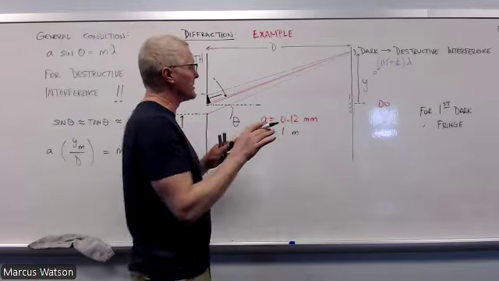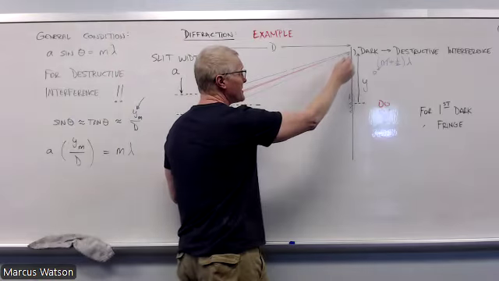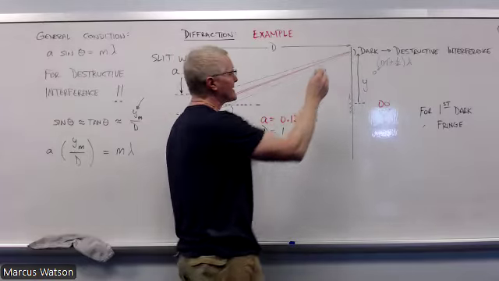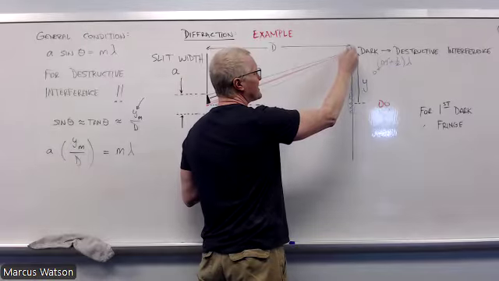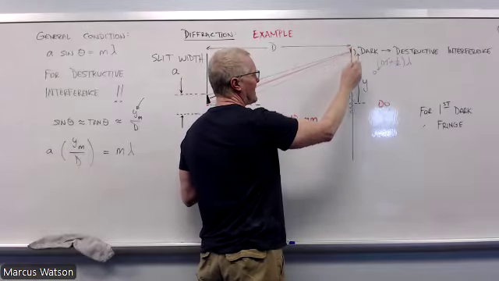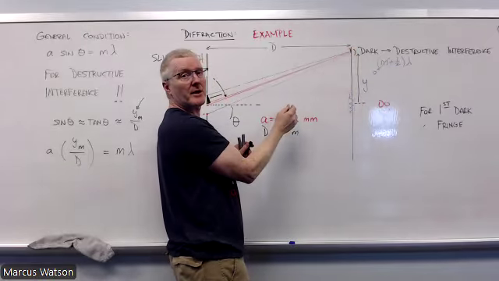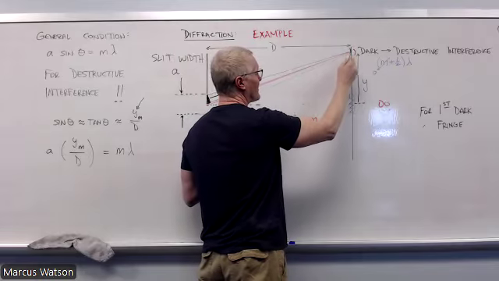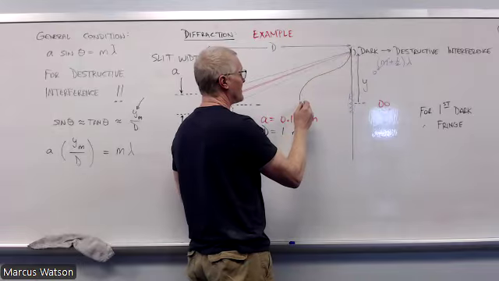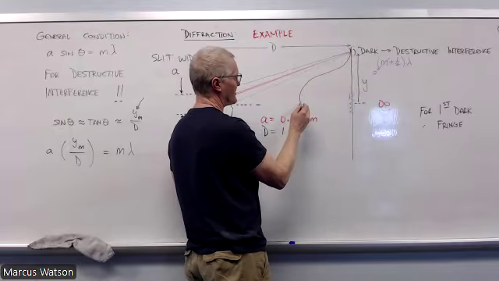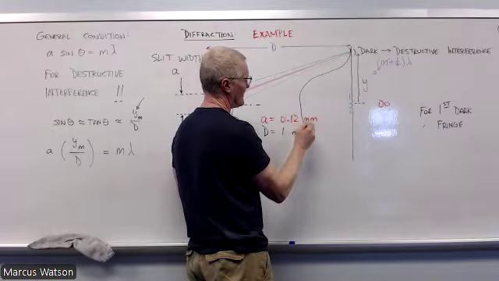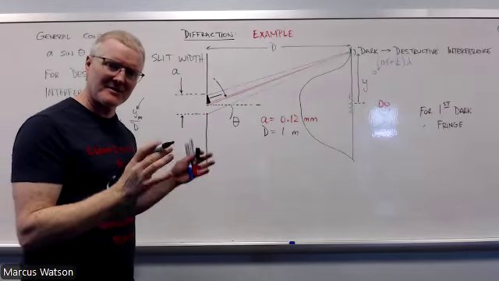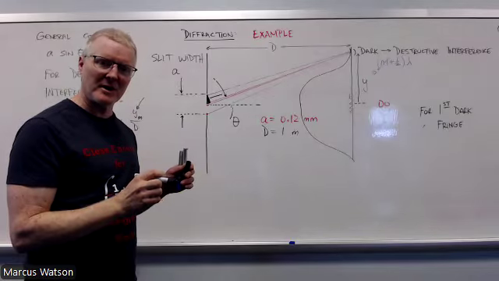Let me just draw this on the screen here. If I draw the same type of intensity pattern as I did last time, I'm getting 0 intensity at the dark fringe here, and then maximum intensity right across from the slit. So it looks something like this, and the other side looks something like this. It's not very symmetric, and it's actually quite yucky looking.